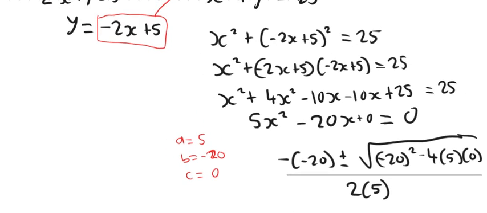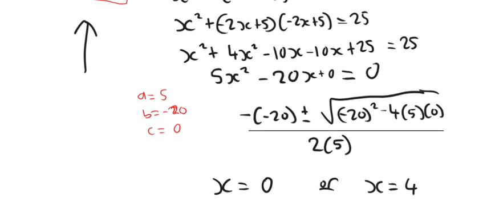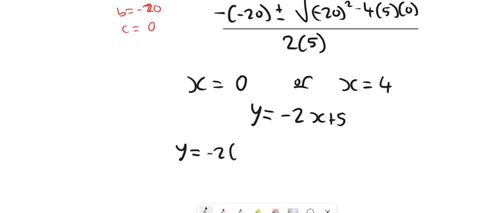Now I'm going to take this equation here, and I'm going to sub the x values into it. So y is equal to minus 2x plus 5. Right, if I put in 0 then into that, I get y is equal to minus 2 times 0 plus 5.